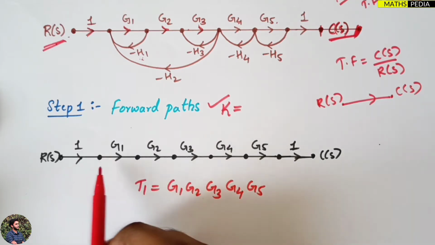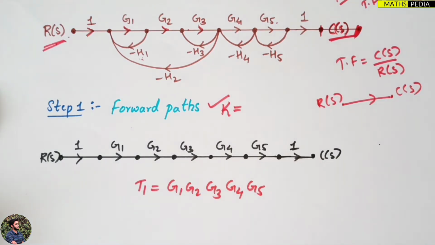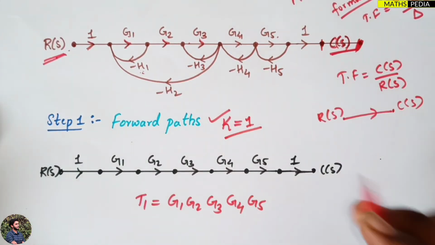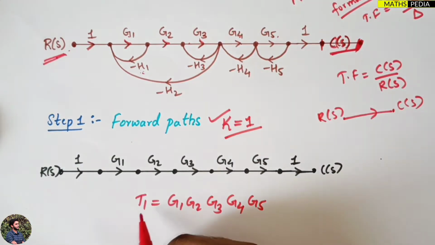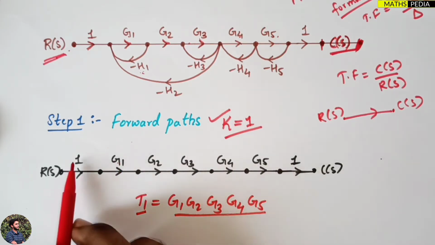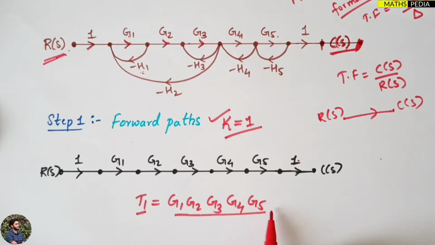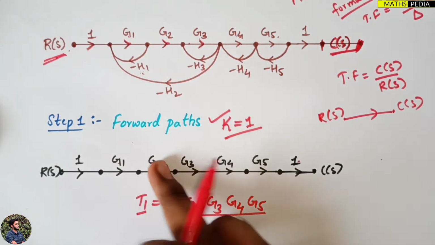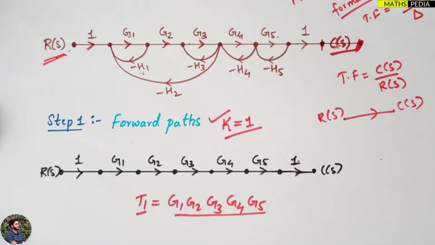You can see all are in the same direction, unidirectional. So we have only one forward path. For that I'll write T1 equal to the product of the gains. Multiplying by 1 changes nothing, so T1 is just G1, G2, G3, G4, G5.